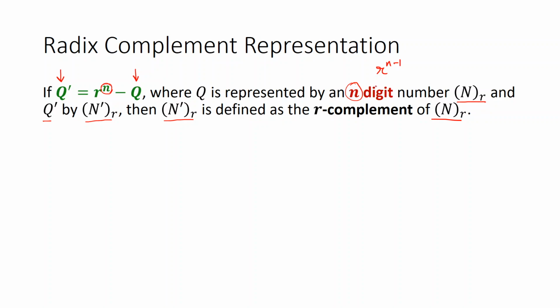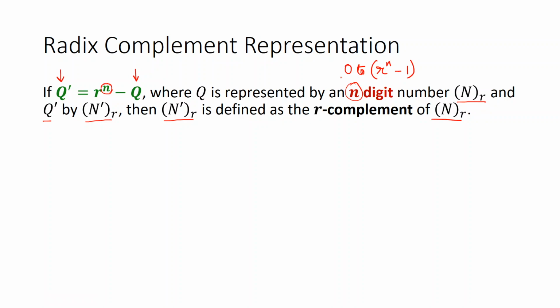right? We have an n digit number, r to the power of n minus 1 here, 0 to r to the power of n minus 1 they can represent.